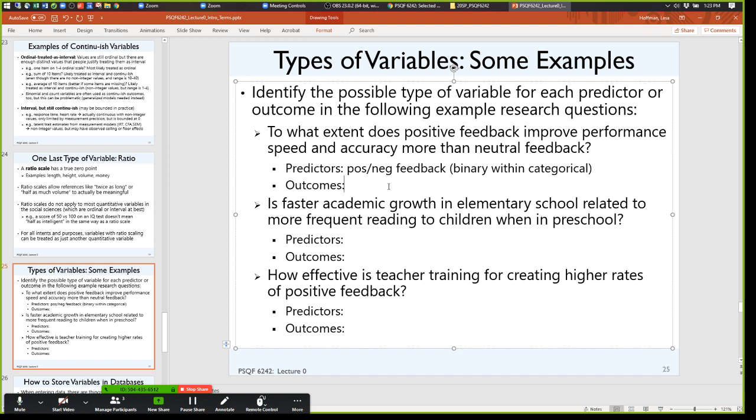Outcomes, we had speed and accuracy. These are definitely quantitative. However, speed is going to be more continue-ish because it's going to be more unbounded, whereas accuracy, either yes or no, so, if it's a rate, like percent correct, then what would it be?